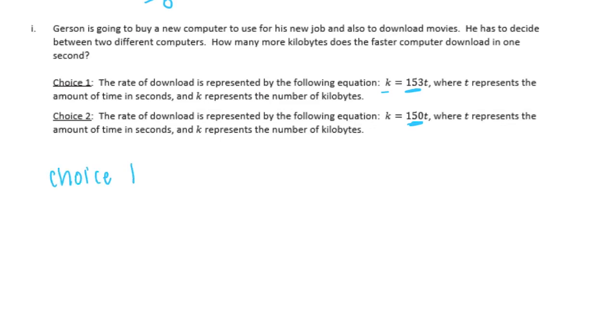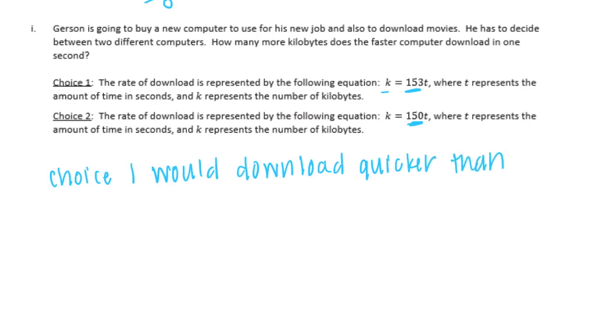So here, choice 1 would download more quickly than choice 2. How many more kilobytes does the faster computer download in 1 second? So in 1 second, if we multiplied by 1, 153 times 1 is equal to 153. 150 times 1 is equal to 150.